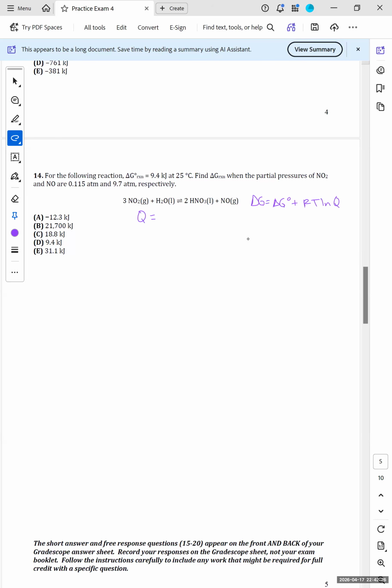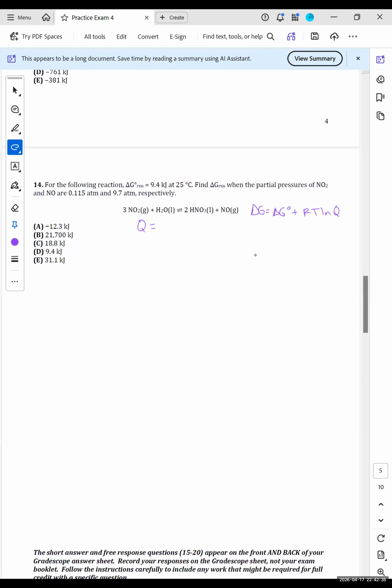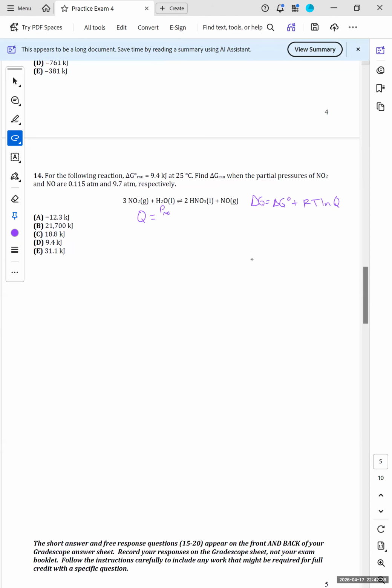Q is equal to the pressure of, because we don't care about liquids, pressure of NO2, but there's 3 of them, so I want to make sure I cube it. All right. I was given their atmospheric pressures.